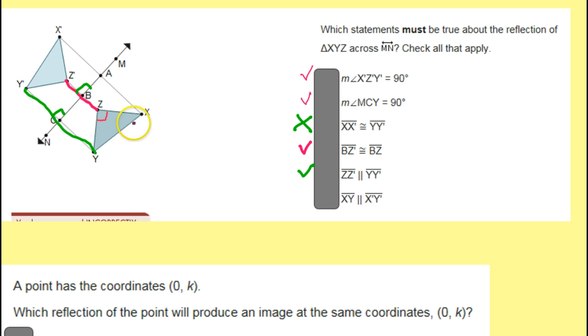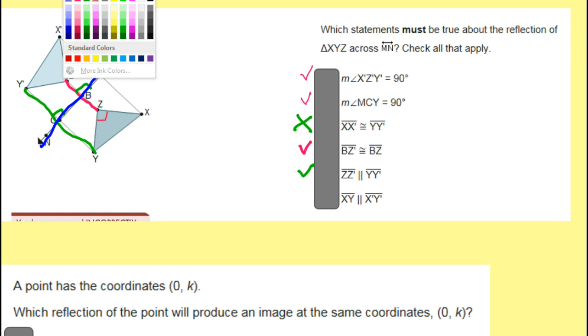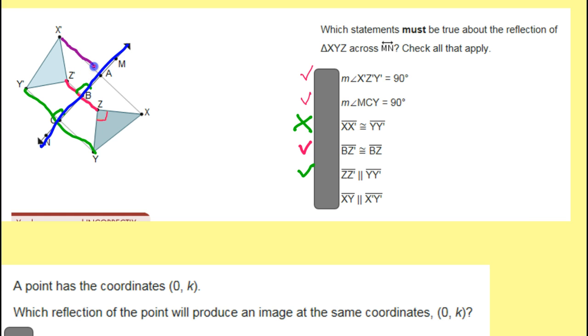We did talk about that. And if you have 2 lines that are perpendicular to the same line, they're both perpendicular to this blue line, so of course they're going to be parallel. All 3 of these lines, in fact, I'll draw a purple line. The purple line, the pink line, and the green line are all parallel because they're all perpendicular to the blue line.